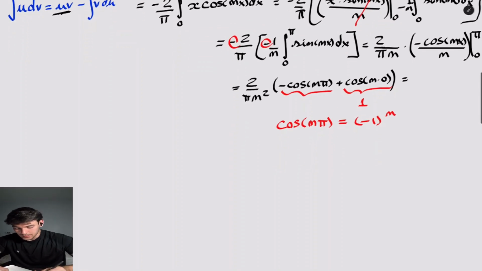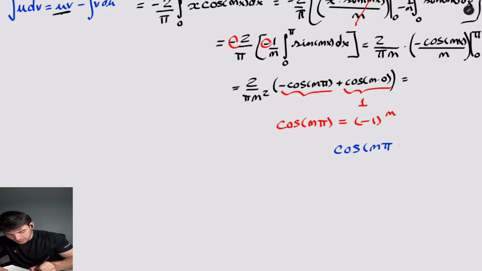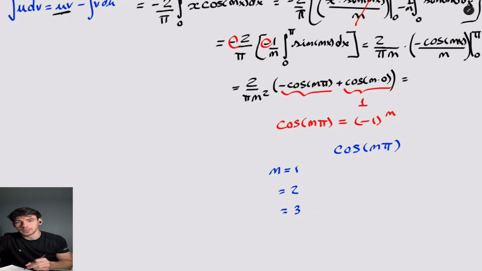So why that? Okay, so let's just do a quick draft here. All right, so if we have n equals 1, we'll have cosine of 1 times pi. So we have cosine of pi. Cosine of pi equals minus 1.